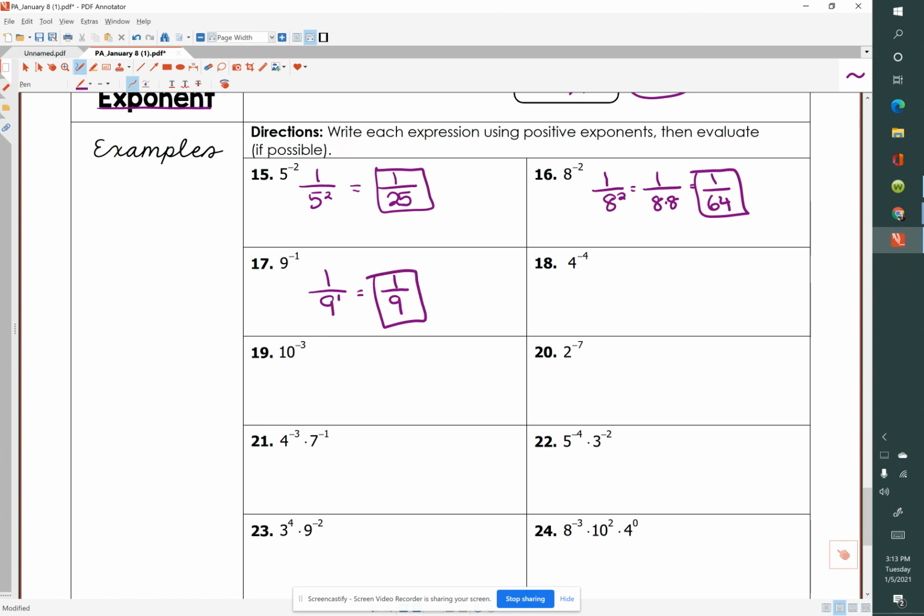And next we have 4 to the negative 4th power, which we will write as 1 over 4 to the 4th power, which is 1 over 4 times 4 times 4 times 4, which equals 1 over 256.